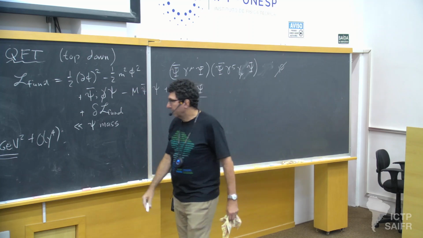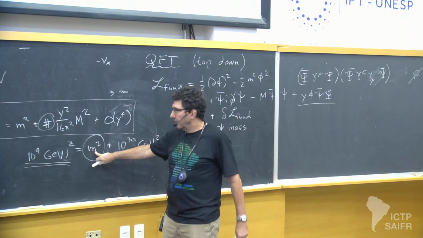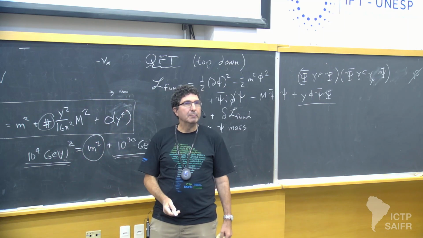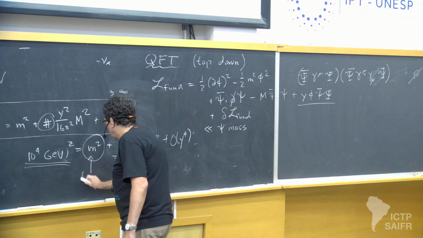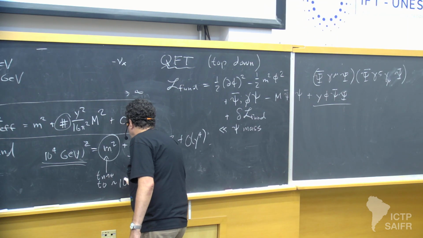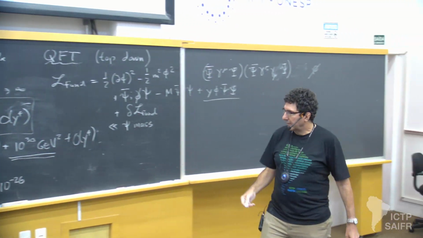So I'm going to take it to be minus 10 to the 30 GeV squared plus this tiny little amount, and that's it. There's no problem, right? Well, I have to tune this thing to 1 part in 10 to the minus 26. That's just the fact.